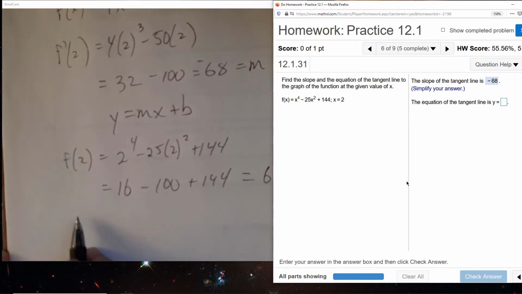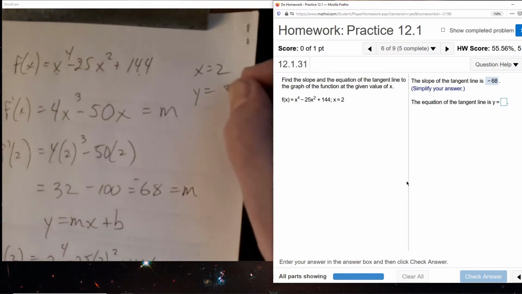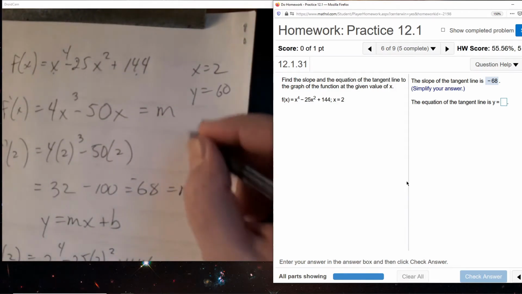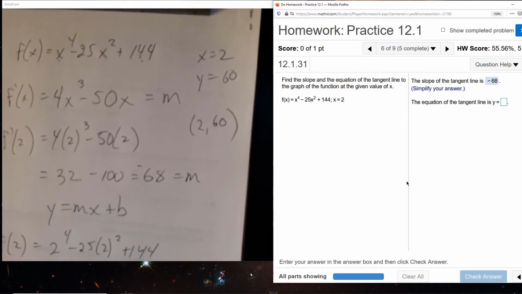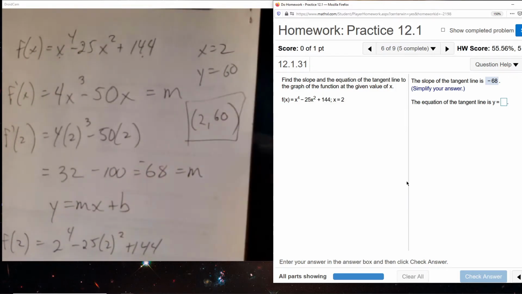And so we get our ordered pair is 2, 60. This is the point the tangent line must go through on the function.